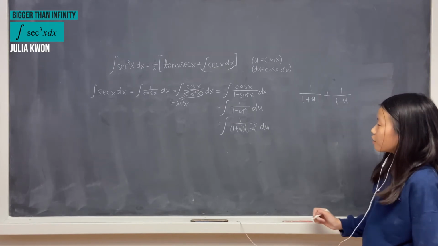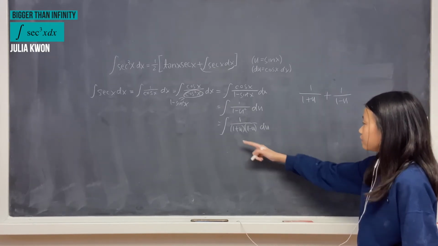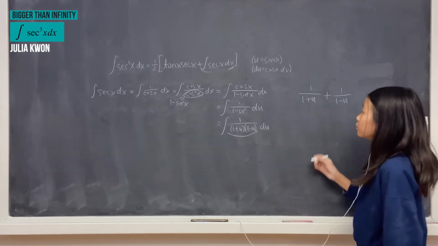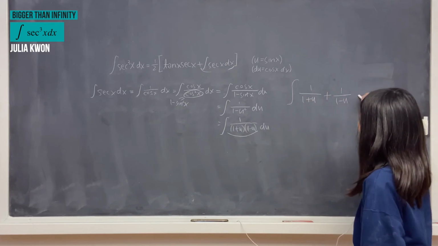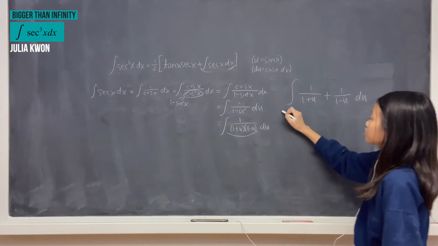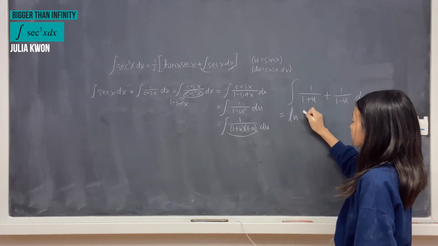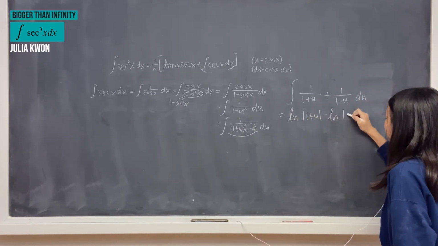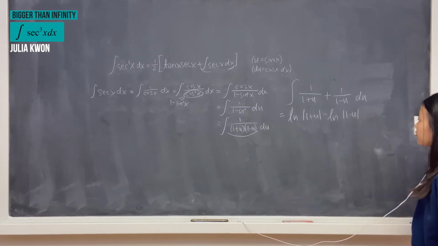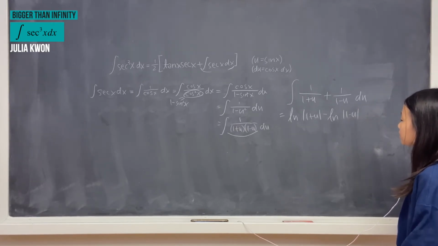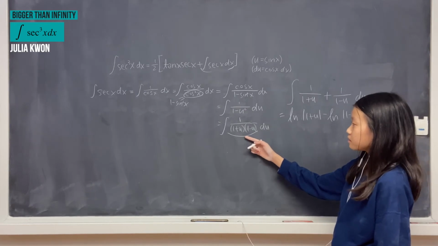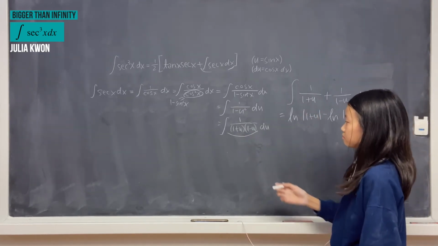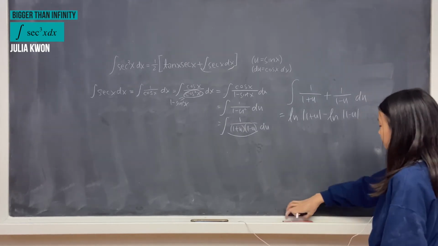And the reason we would want to change this part into something like this is because if we want to integrate it, then we can just do ln absolute value of 1 plus u minus ln absolute value of 1 minus u, like that. But if we wanted to integrate just this, without changing it, then everything would get complicated.